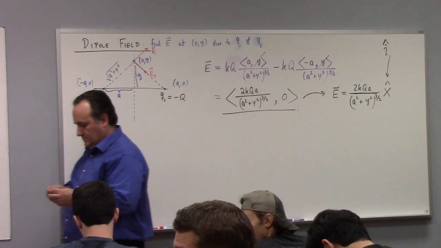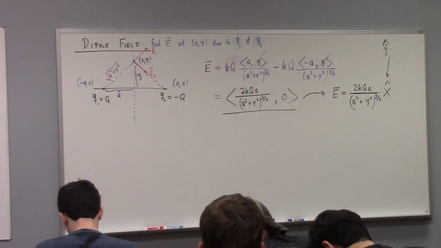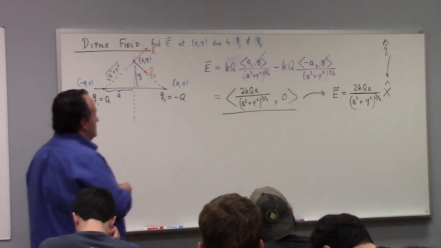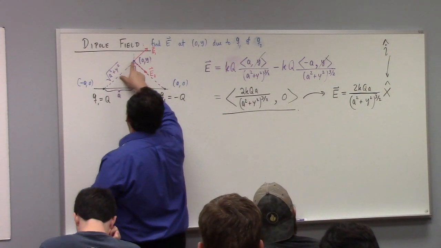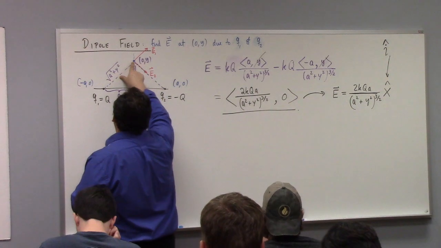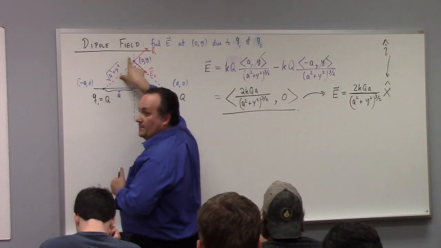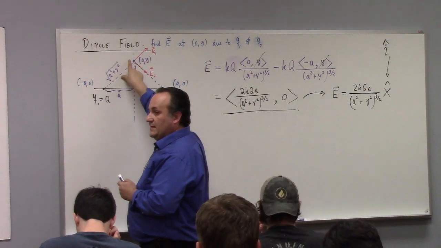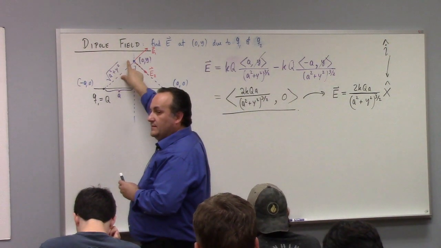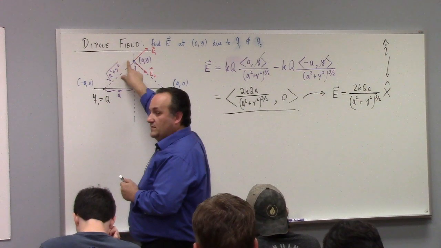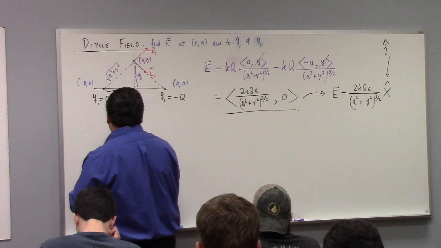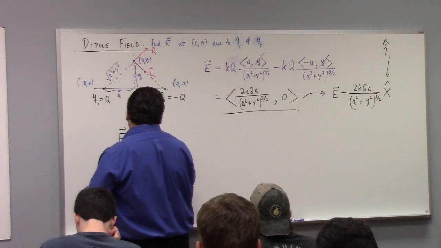A question? So if the point was negatively charged, would it just be the same thing but to the left? Are you talking about this point? Yeah. Well, we're asking the electric field here, so we think about a positive test charge. If you wanted to know what the electric force would be there due to a negative charge, the force at that point is the charge at the point times the electric field.